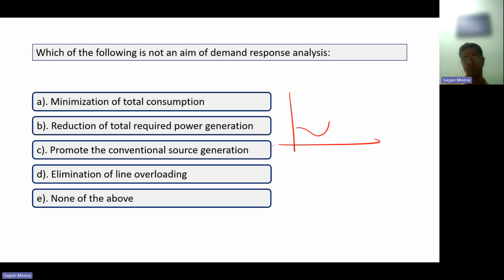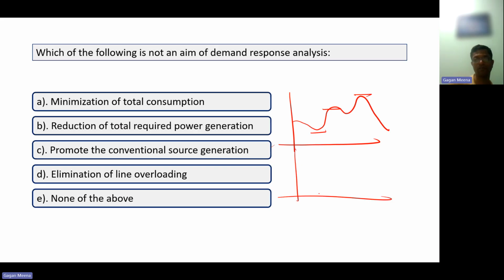See, we saw the curve, there was a lean day, a morning peak, and like this. So there are two peaks and two leans. There can be only a single peak also. In both cases, you can see there is a lot of difference between the minimum and maximum, and that will result in a difference between the average and the peak demand.